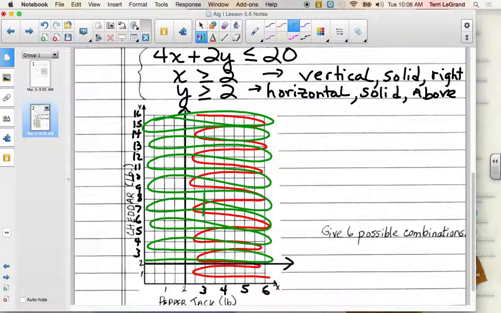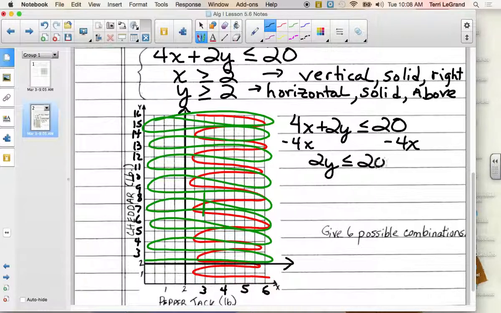We also need to get our 4x plus 2y is less than or equal to 20 into slope-intercept form. So we'll subtract 4x. Change that to add the opposite. Divide by 2.